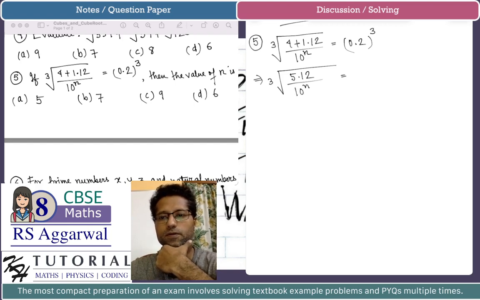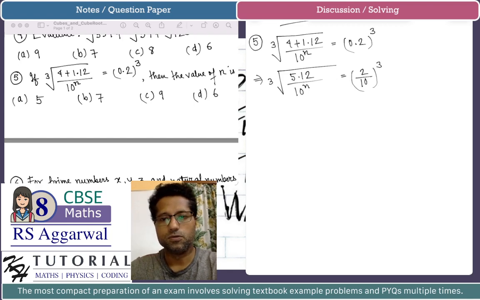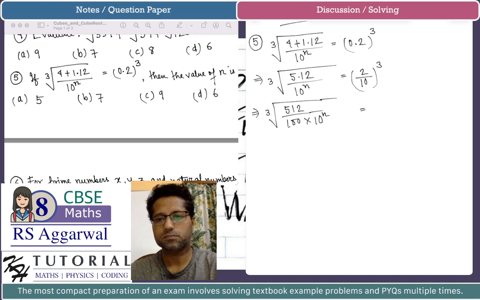This is equal to, given to be, 0.2 cube. 0.2 is 2 by 10 in fraction form, and we have the whole cube. So this implies the cube root of 5.12, which we can write in fraction form as 512 divided by 100, and we also have 10 to the power n, is equal to 2 by 10 whole cube, that is the cube of a fraction.